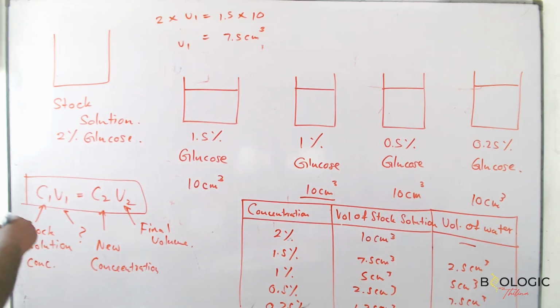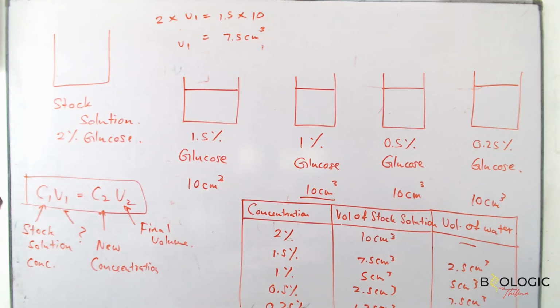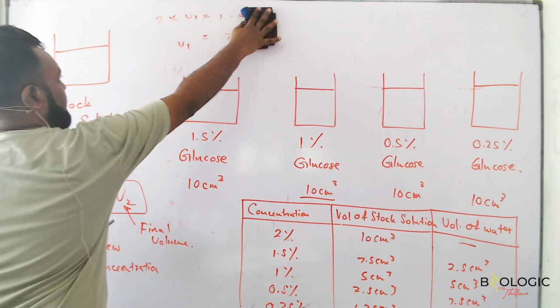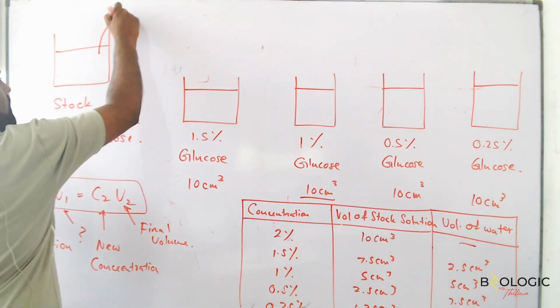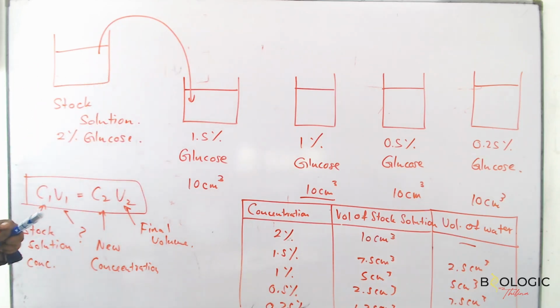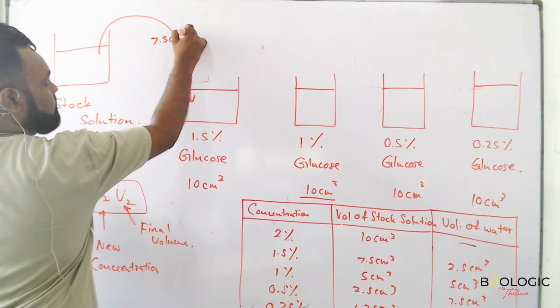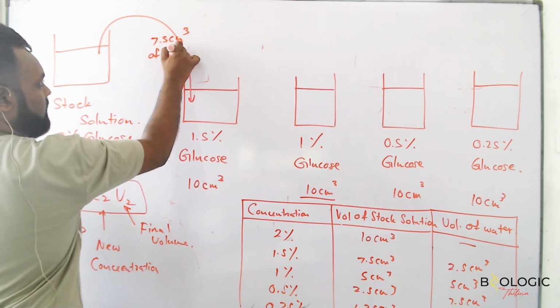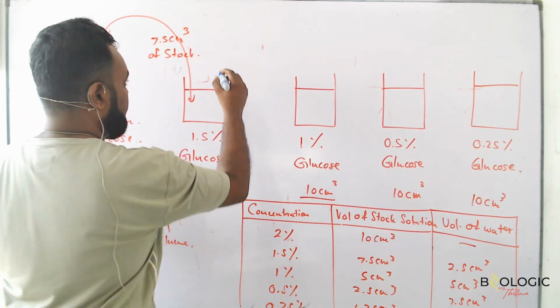Now let's summarize everything here. In order to prepare, so this is summary diagram, okay? In order to prepare 1.5, you need to add from here to here 7.5 of stock and 2.5 of water.